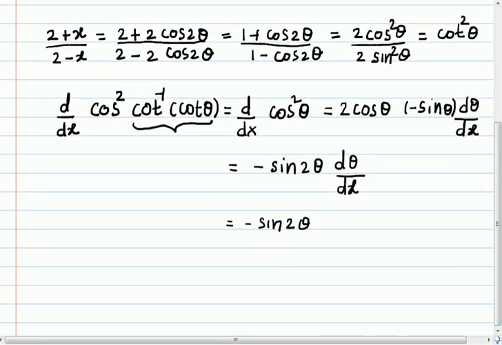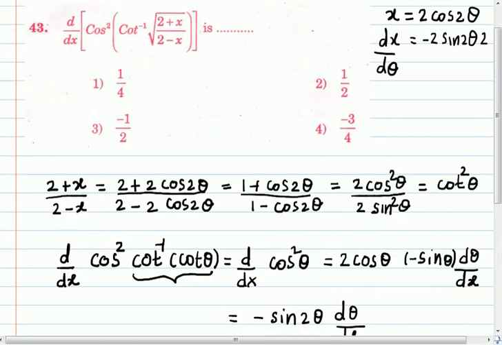This is reciprocal of dx by d theta, hence we'll be getting minus 1 divided by 4 sin 2 theta. So sin 2 theta get cancelled. What should be the final answer? 1 by 4. Hence what is the answer in this case? 1 by 4. Clear? Now let us continue the next question.